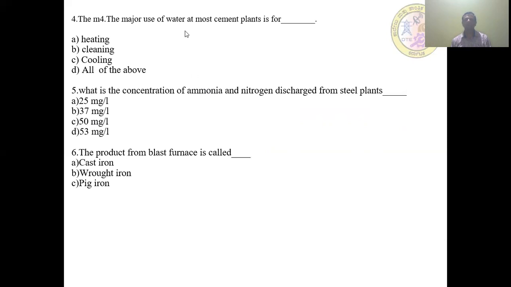The major use of water in the cement plant is for cooling purposes. Ammonia nitrogen discharge from the plants is nearly 37 milligram per liter. And the product from the blast furnace is called pig iron.